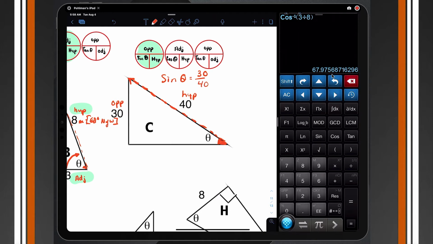And again, since we're trying to figure out what the actual angle is, we're going to have shift sine, 30 divided by 40, close it up, 48.6 degree angle. So we have 40 meters walked. We're always going to use meters for this. So we have 48.6 degrees. And if this is to the west, I would need to go north of west to get to that, north of west.